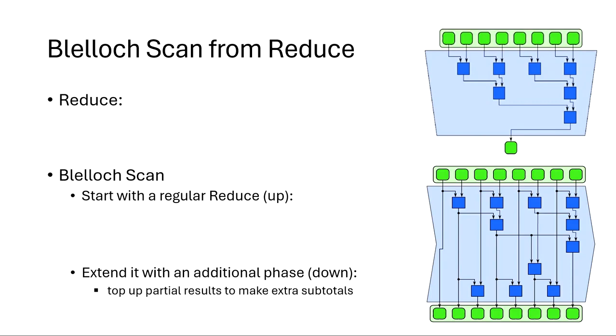The numbers coming out of here are not the cumulative sums, but they're related to them. By performing certain extra operations, we can tweak those results to create the cumulative totals in the scan pattern down here. So this is a very literal interpretation of the idea of a scan: we literally reduce, and then literally do some extra work that converts the output of reduce into the scan output.